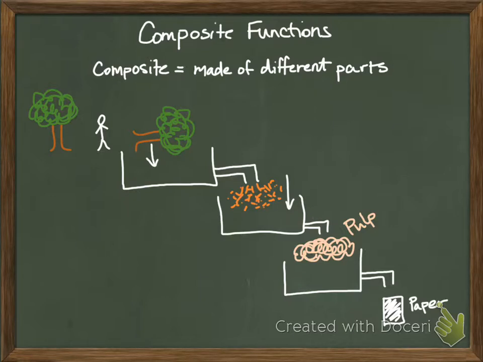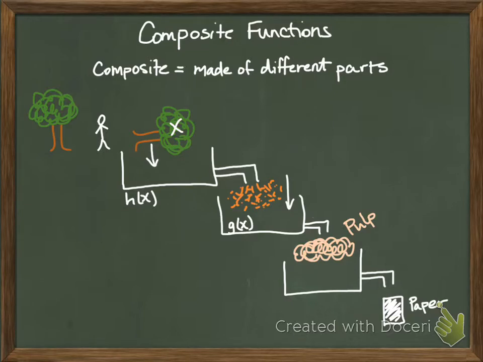It goes through stages. So first your input is your tree. It goes through one process. Let's call this h of x, if your tree is an x. Your x goes into this function h of x, it comes out, and you get something else. Well, the output from your h of x function goes into this other function, we could call this g of x.